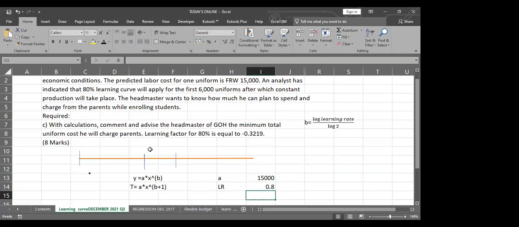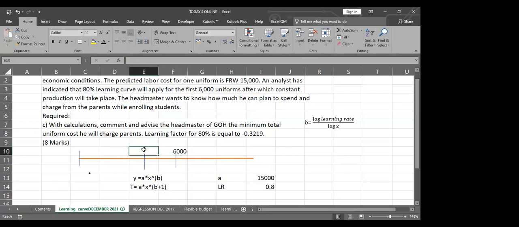Where does learning stop? Learning stops here at 6,000. Learning stops there, after which it is a constant rate. So they say that the learning will go all the way to 6,000, after which it is a constant rate, meaning that I should put this 6,000 here. This 6,000 is where the learning stopped.